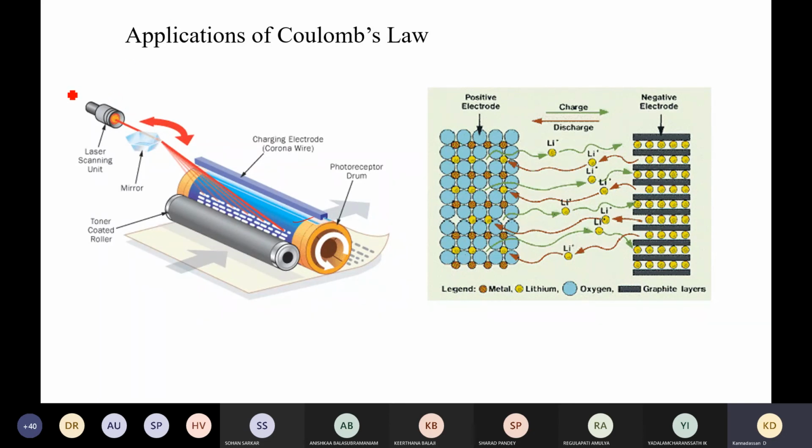Whatever document you have, with some fonts, will be sent as digital information to the laser, and the laser will point at this drum, which is coated with the photoresist. The photoresist will change its property, and wherever it changes, it will become neutral. The remaining regions are simply charged.